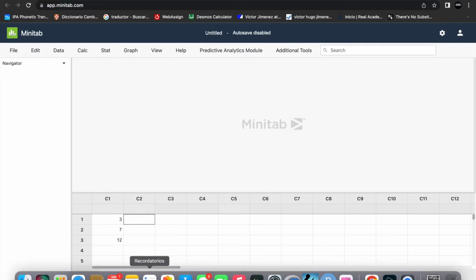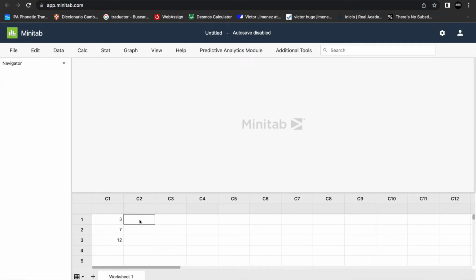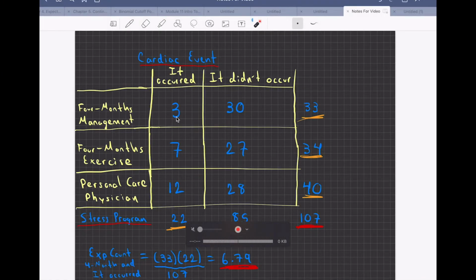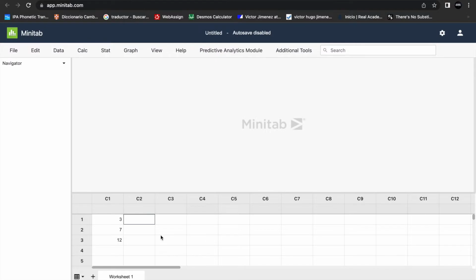If you're wondering whether you have to put a name or something, no, you don't need to do that. If you have the table and you know the meaning for each cell, you don't have to do it in Minitab. Only enter the values, 30, 27, 28. And there you have it.